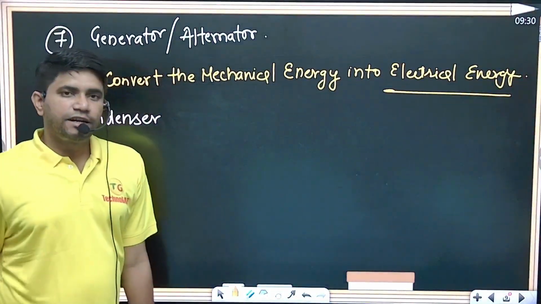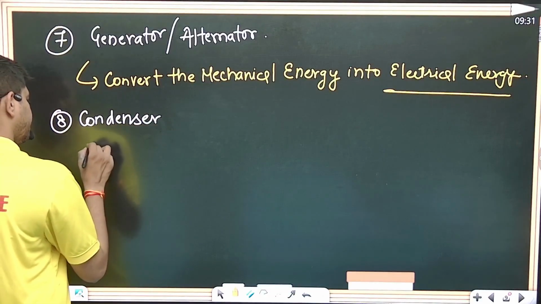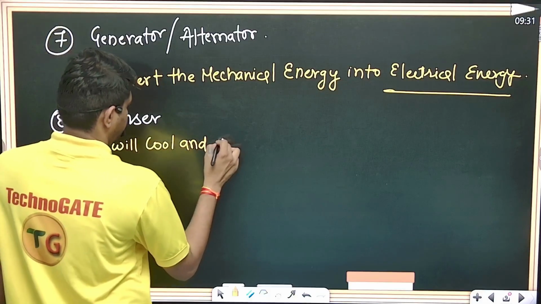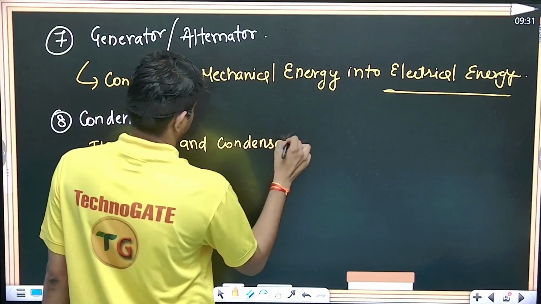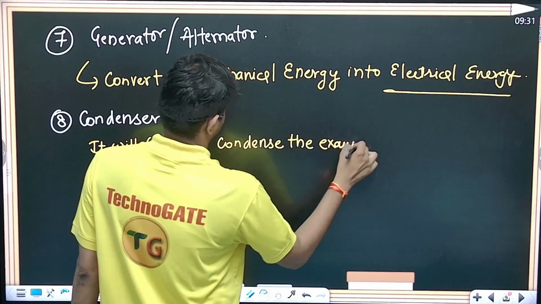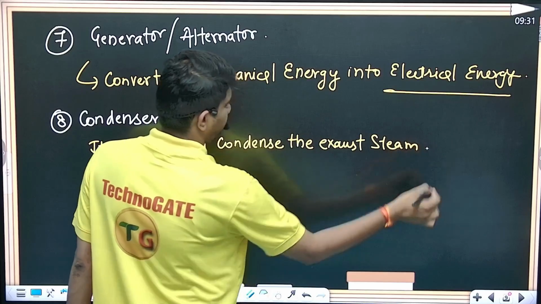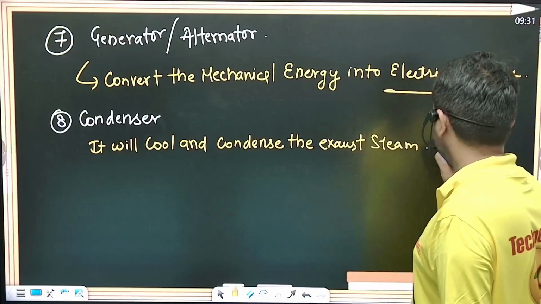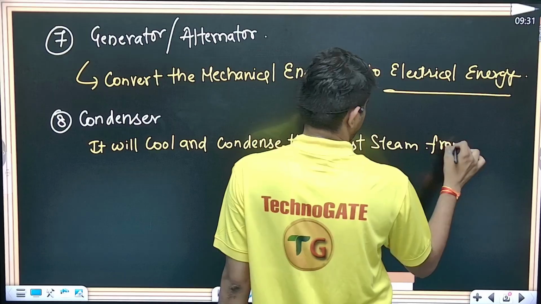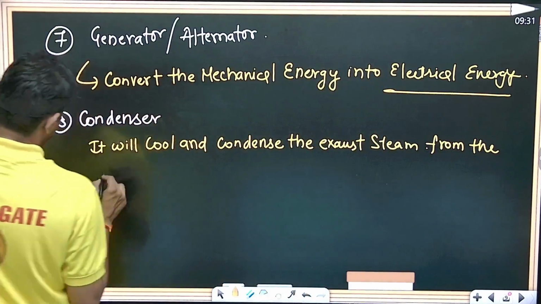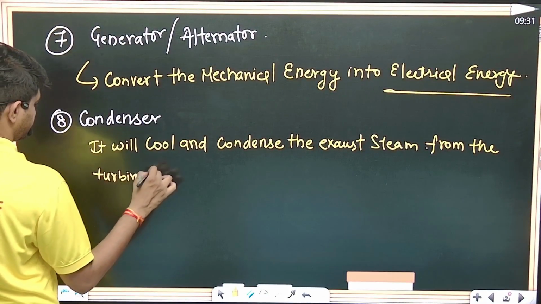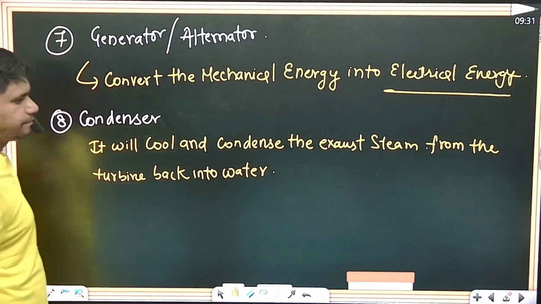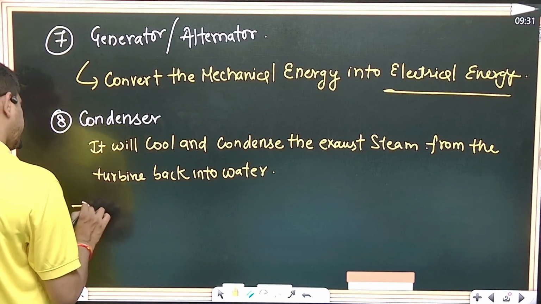So the definition of condenser: it will cool and condense the exhaust steam from the turbine back into water.